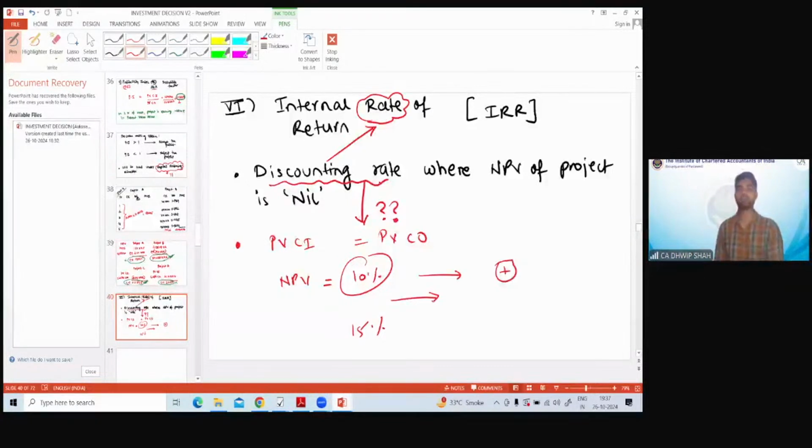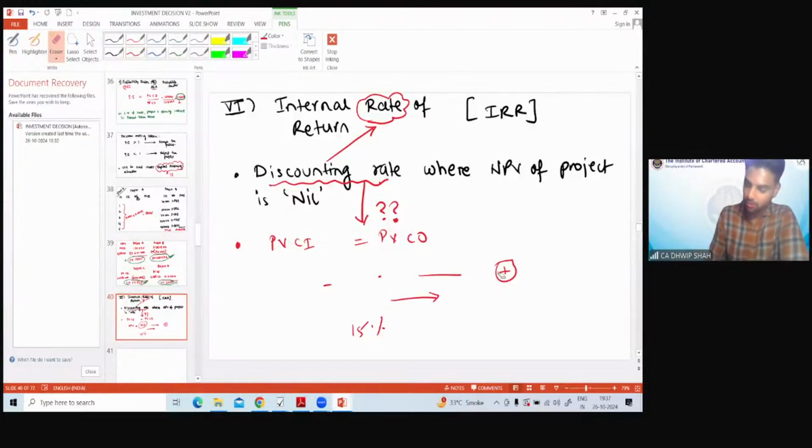So IRR, in short, is calculated using the trial and error method. We need to try different rates and calculate NPV, and the rate where NPV is zero is our IRR. Okay? What do we have to do? Trial and error.